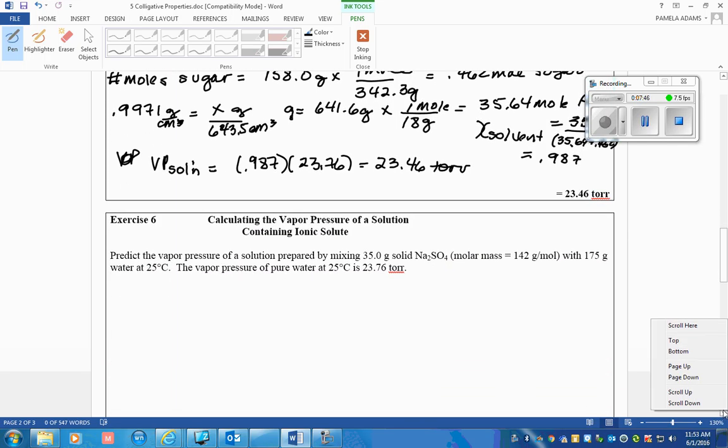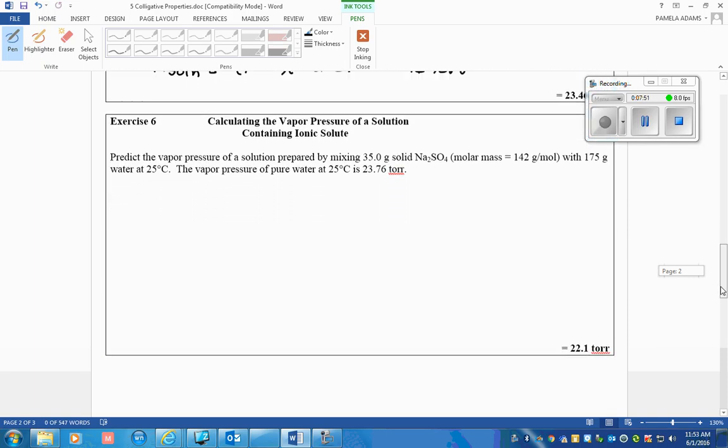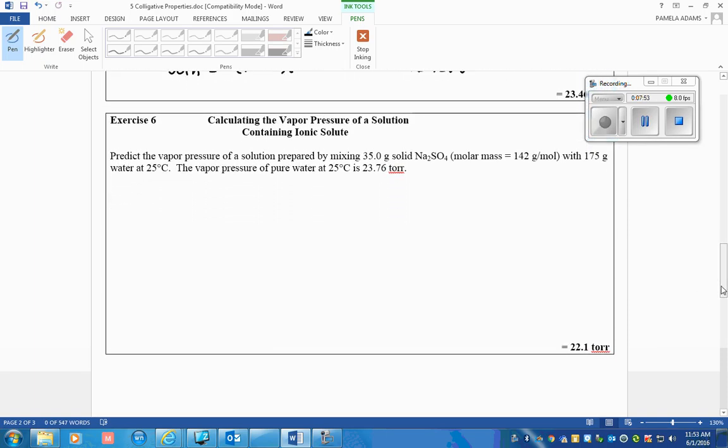Okay, now we're going to talk about a solution that has an ionic solute in it. So what we have here is the solute is sodium sulfate.